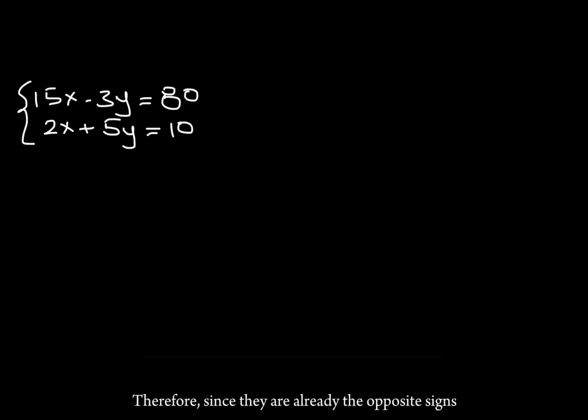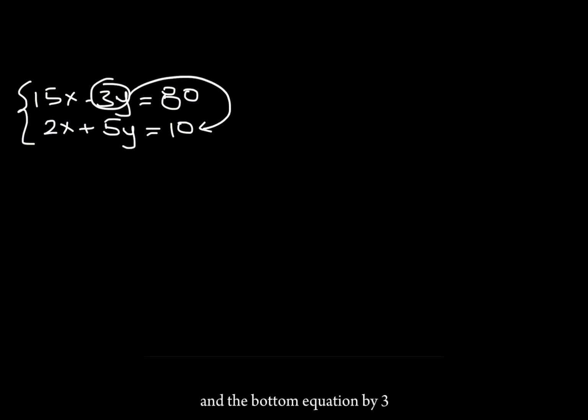Therefore, since they are already the opposite signs, all we have to do is to multiply them by each other. Meaning, we multiply the top equation by 5 and the bottom equation by 3.